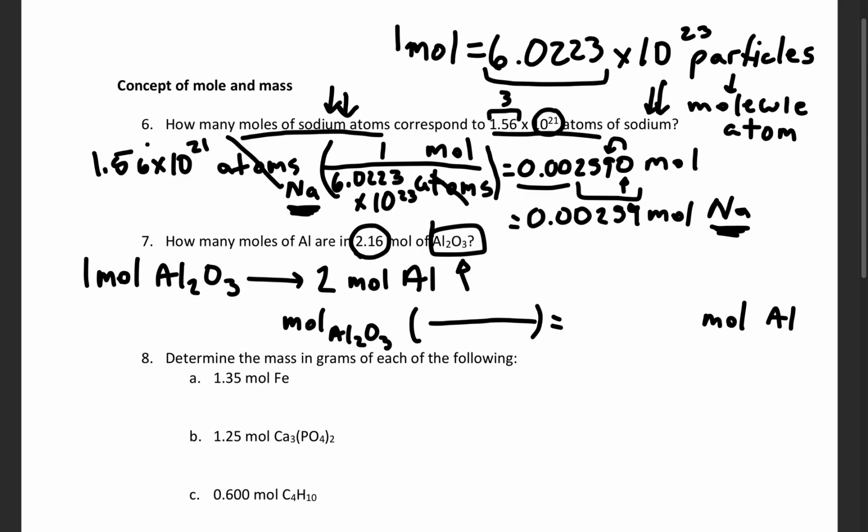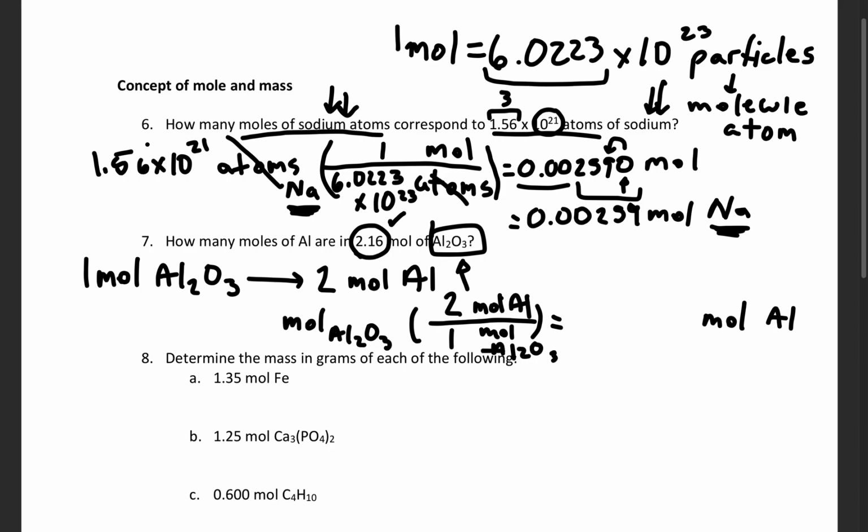Well, I know moles of aluminum oxide needs to cancel. And I know moles of aluminum need to be left behind. So I've got 1 mole of aluminum oxide gives me 2 moles of aluminum.